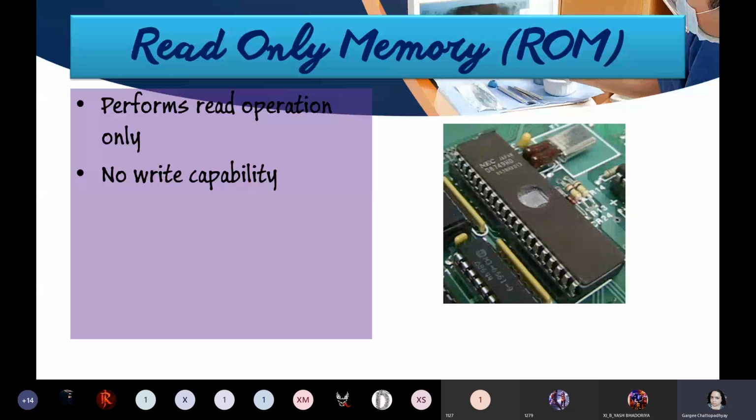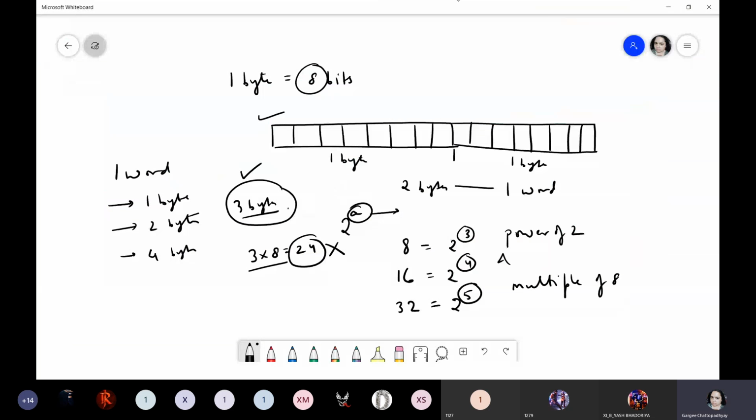Because ROM means only the manufacturer of the circuit is going to embed the instructions right at the time of manufacturing, so that normal users like you and me do not change anything in this, because normally these ROMs contain important instructions like ROM BIOS, basic input output system, which is a small program, or we can say it is a diagnostic program.